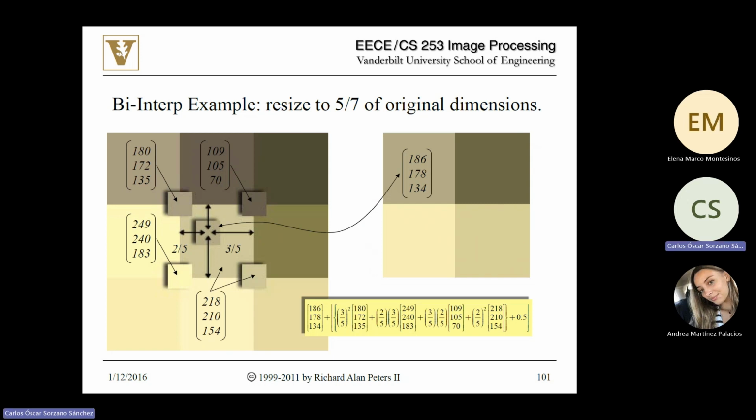So it will be 2/5, and then 3/5, and then this one again times 3/5, and this one is 2/5. This is for rounding.